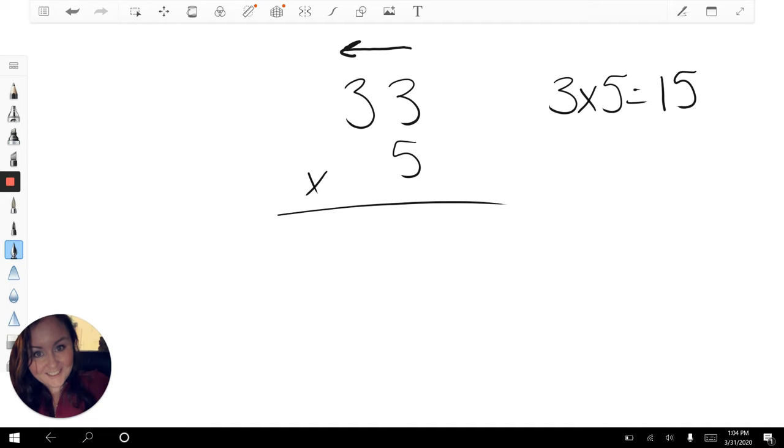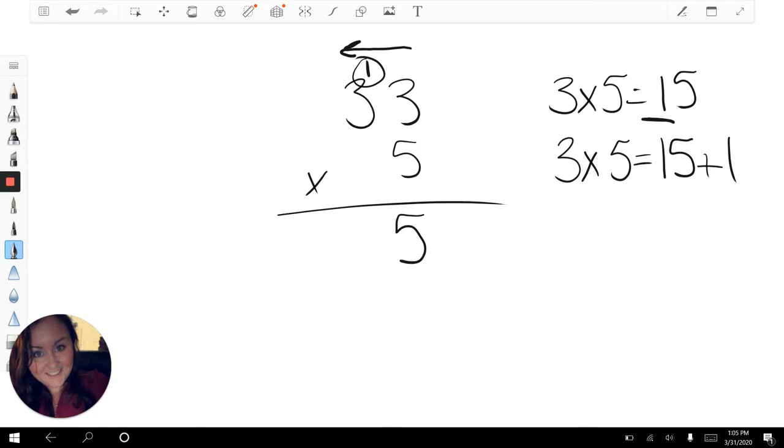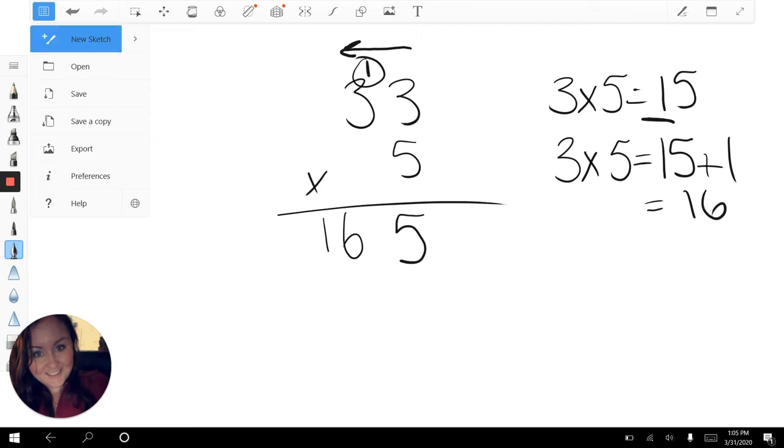We can't put 15 down here, so what we have to do is put the 5, and much like addition, we carry the 1. Now we have 3 times 5 again, which is 15, but we have to add the 1, which is equal to 16. Okay, makes sense? Great, let's move on.